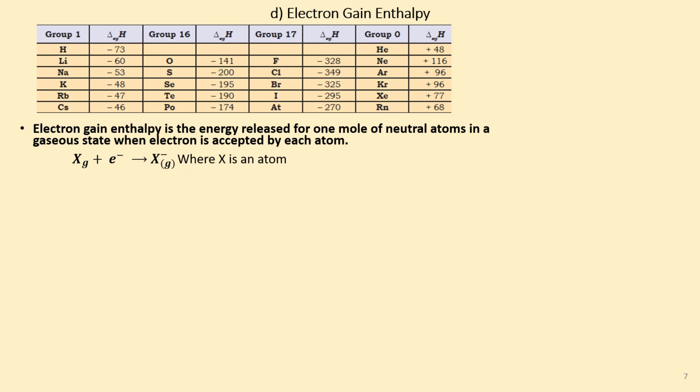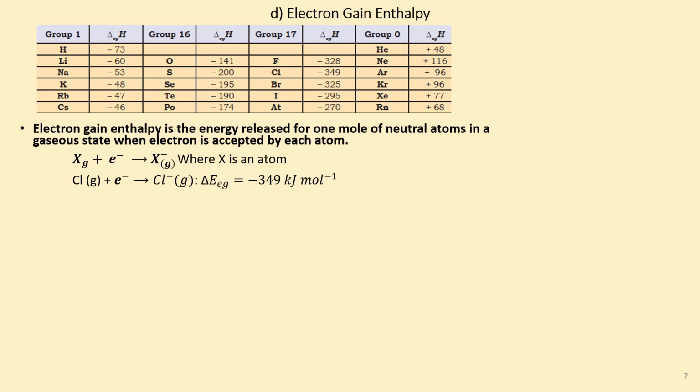For example, if X is a gaseous atom, when it gains an electron, energy is released for 1 mole of neutral atoms in the gaseous state.